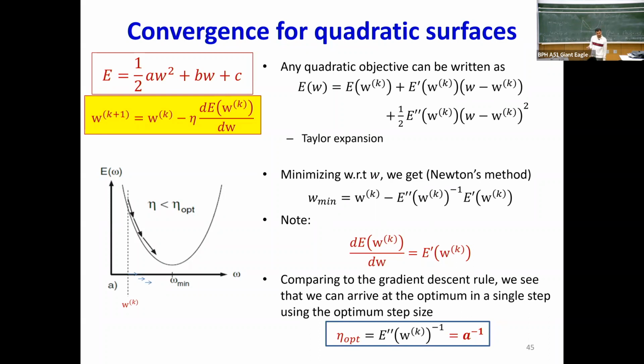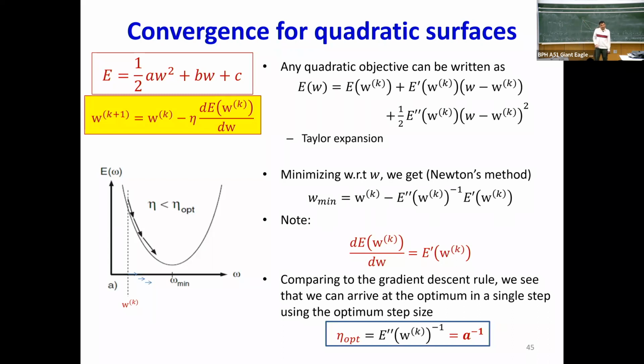What if my step size is greater than this? What would happen? I will diverge. Will it diverge? It's going to overshoot, right? If the step size is greater than this, it's going to go here.